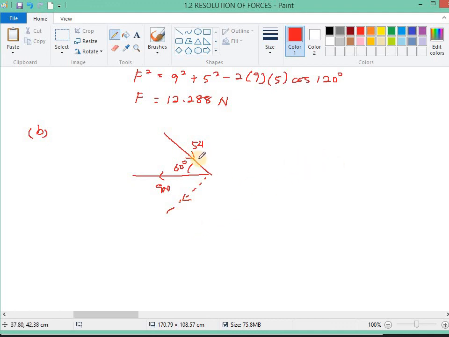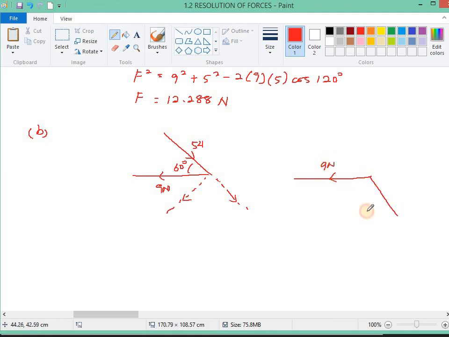So this 5 Newton push has the same effect as 5 Newton pull in this direction. If you have 5 Newton here, it's the same as you have 5 Newton here. 5 Newton push is the same as 5 Newton pull. This is 9 Newton pull in this direction. So we can get a parallelogram that looks like this.